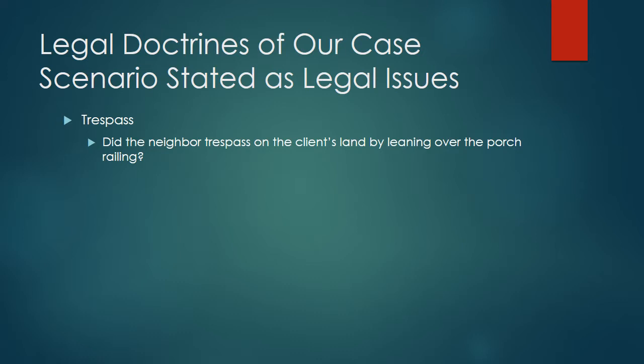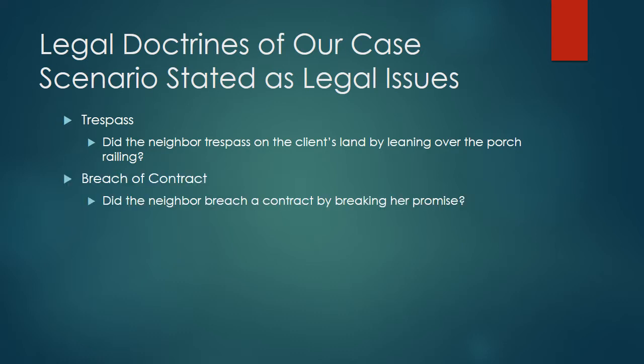So the first one, trespass. In blending together the legal doctrine of trespass with the facts, we simply ask the legal question: did the neighbor trespass on the client's land by leaning over the porch railing? The second legal question is breach of contract.